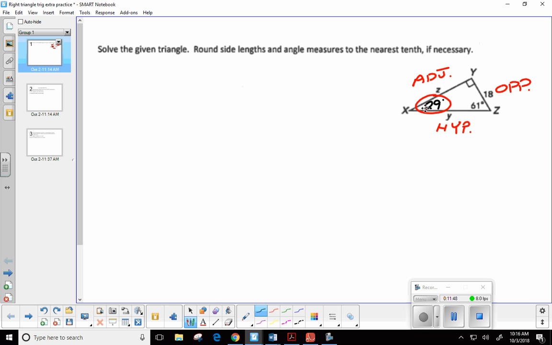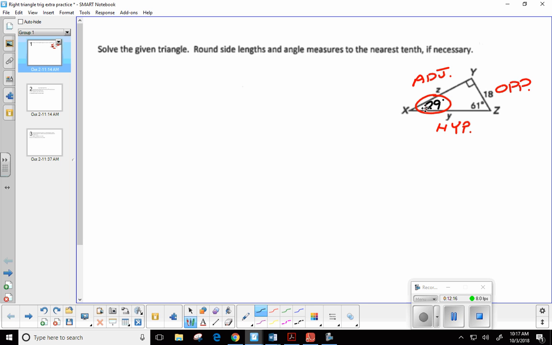So what's secant? Hypotenuse over adjacent. Okay. And Connor, finish it up. What's the reciprocal of tangent? Cotangent. Okay, so tangent is opposite over adjacent. So Xavier, what's cotangent? What over what? Adjacent over opposite. Yes, there you go.